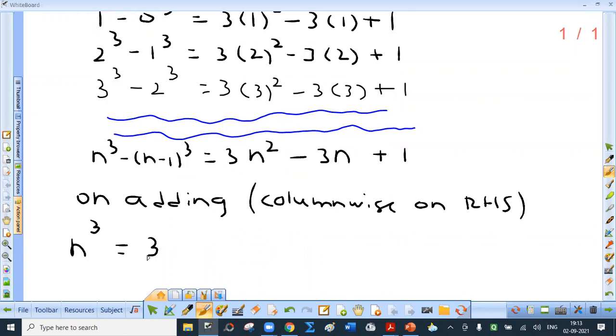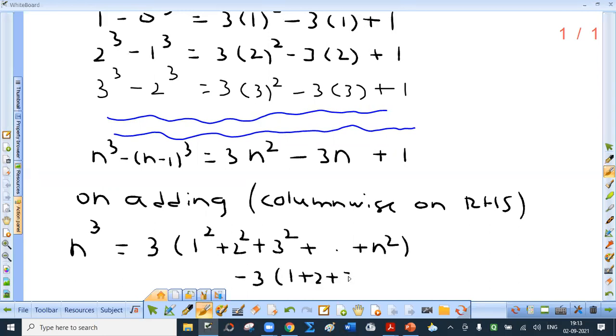Now, if you take 3 common from the first column, you get 1 square plus 2 square plus 3 square up to n square. That is the required sum. From the second column, take minus 3 common: 1 plus 2 plus 3 up to n. We can use this directly. And 1 plus 1 plus 1, how many times? n times.